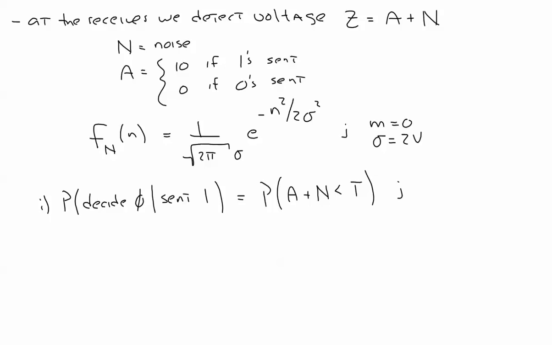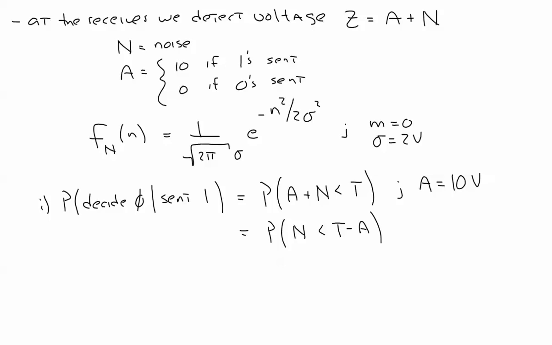In this case, I'm assuming that I sent a 1, meaning that A equals 10 volts. If I decide a 0, given that I sent a 1, that's the probability that A plus n is less than my threshold voltage. Rearrange this a bit. This is the probability that my noise voltage is less than T minus A.